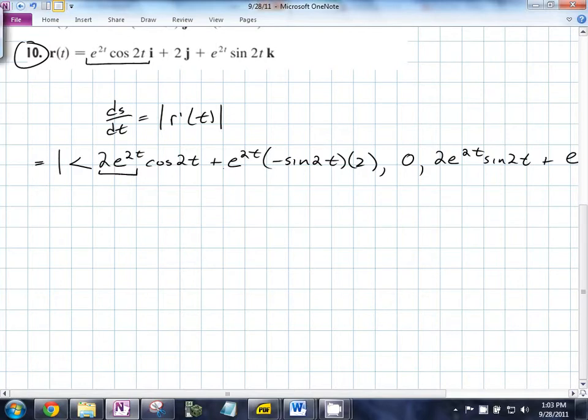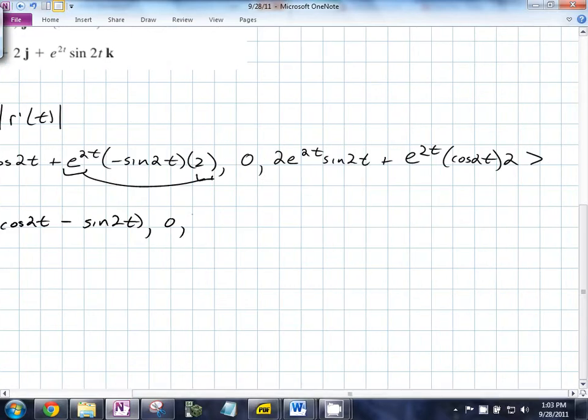So you end up with 2e to the 2t times cosine 2t minus sine 2t, comma 0, comma, and we can do the same thing here, can't we? 2e to the 2t times sine 2t plus cosine 2t.